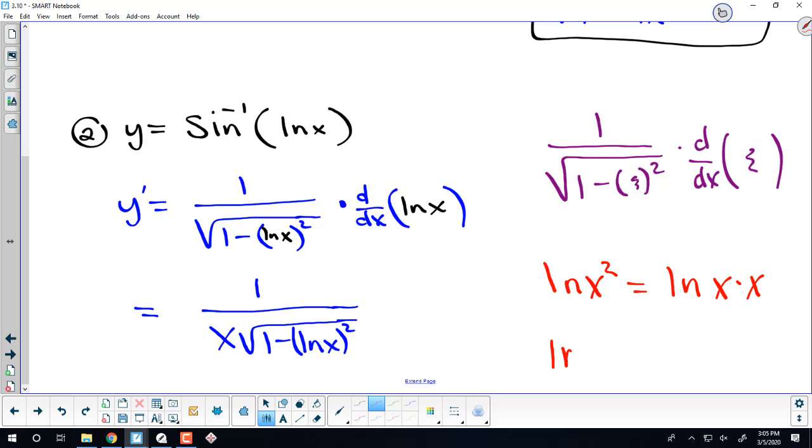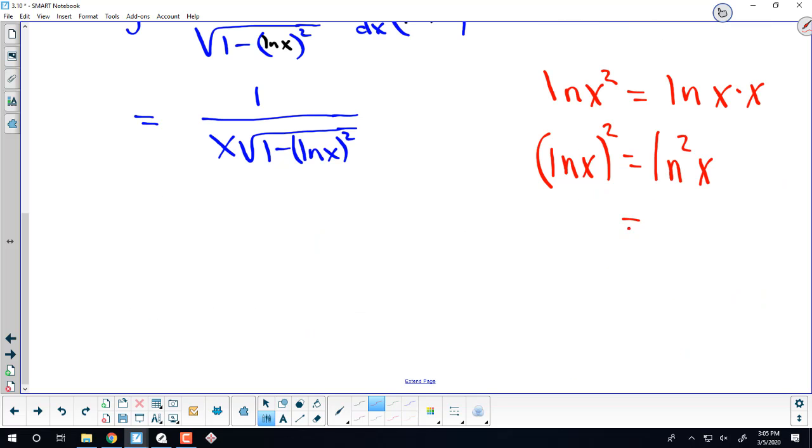But the ln of x quantity squared, sometimes written like the trig function, ln squared x, that's ln x times itself. So there is no property of logarithms that we can use on this. Two totally different things. So we're just going to leave it as ln squared x, or ln quantity squared. That's our derivative.